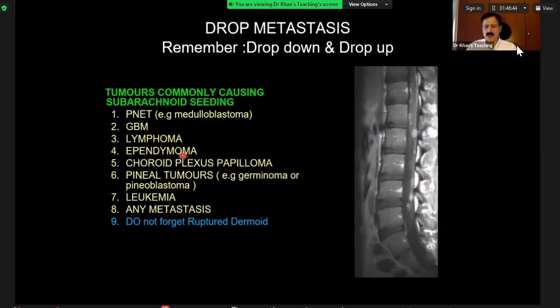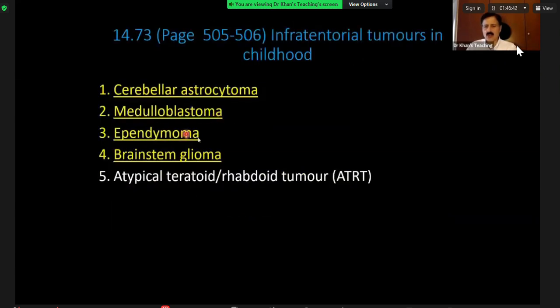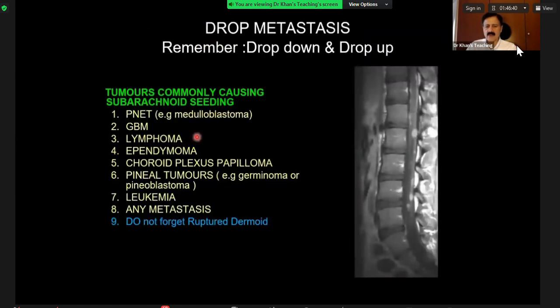Now, there is a grade 4 tumor, but this can also show what we call drop metastasis. Choroid plexus papilloma. Pineal tumors are very important for the exams. Germinoma or pineoblastoma, they will show drop metastasis.